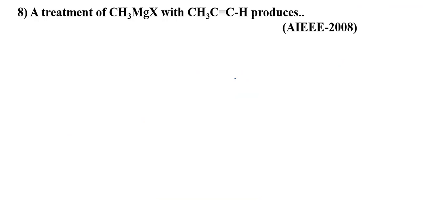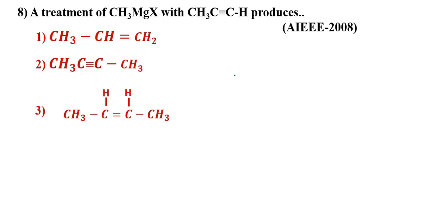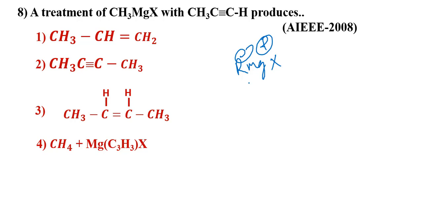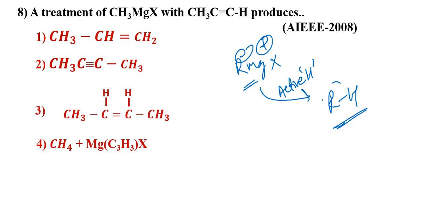Treatment of Grignard reagent with propyne produces. See the options. Yes, can you guess? What is the Grignard reagent? RMgX, R minus MgX plus. So Grignard reagent, whenever it reacts with active hydrogen, it is taking that hydrogen and forming alkanes. So here this hydrogen, just now we discussed, is the active hydrogen.